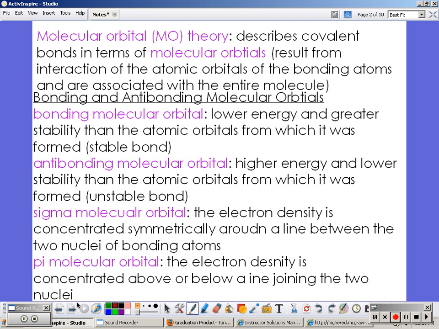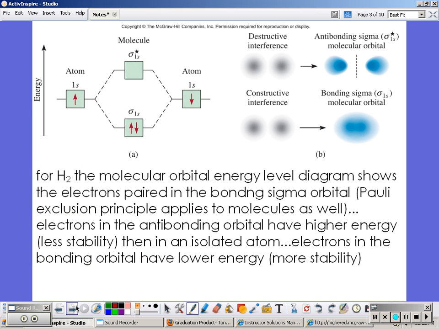Sigma molecular orbitals: the electron density is concentrated symmetrically around a line between the 2 nuclei. In a pi molecular orbital, the electron density is concentrated above or below the line joining the 2 nuclei. If we think about hydrogen, H2, each hydrogen atom contributes 1 electron, and both of those electrons fill the sigma 1s.